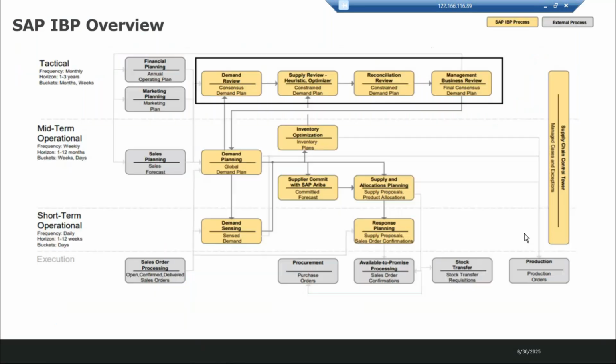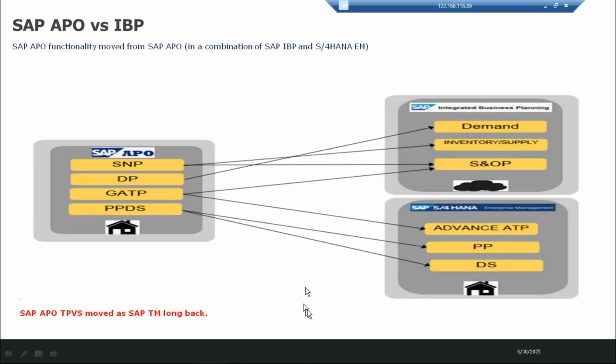Yeah. So that I will come to. For example, before SAP IBP, there was a technology called APO, Advanced Planning and Optimization. This particular software from SAP covers the supply chain process. Now, technology-wise, it is outdated.